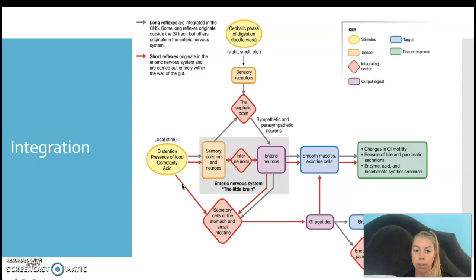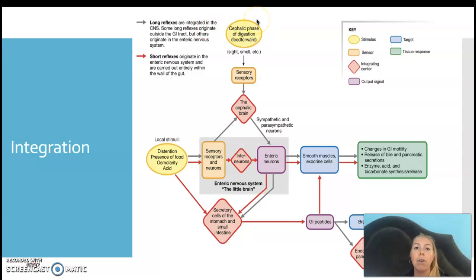All of those are local stimuli, and they're going to be short reflexes because they originate in the enteric nervous system and then are carried out entirely within the wall of the gut. Then at the top here, you see that feed-forward reflex as mentioned previously.